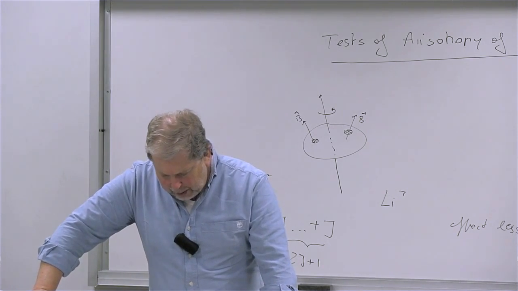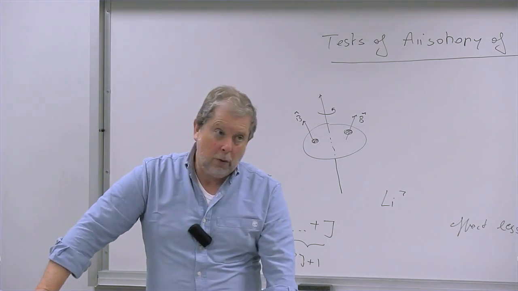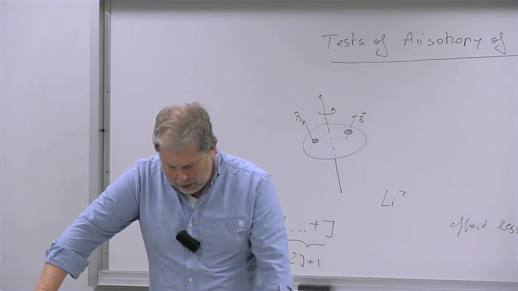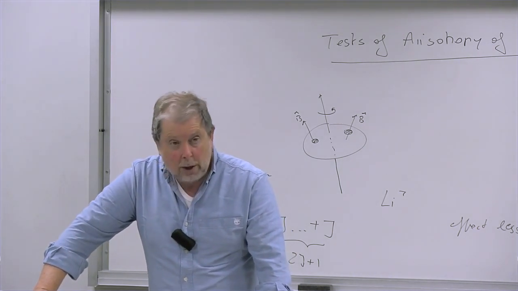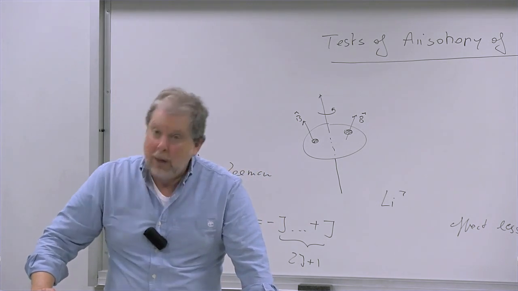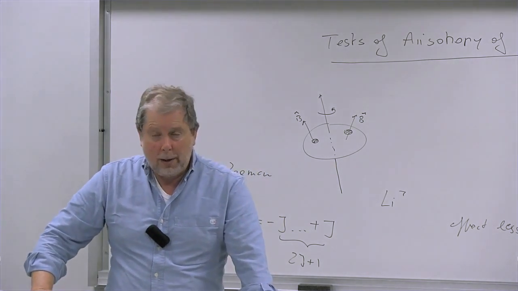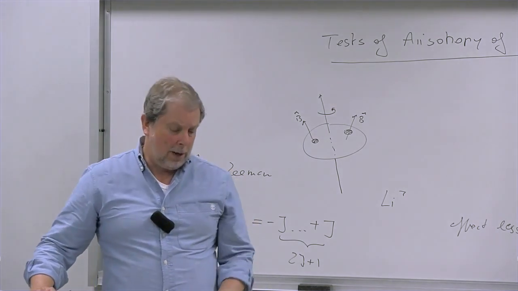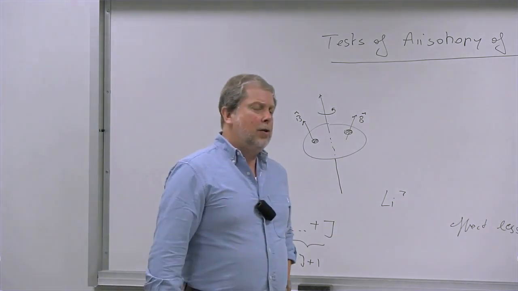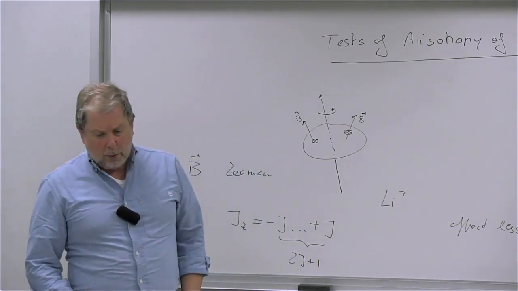The present accuracy is, depending on who you believe and whether you accept the systematics of the experiment, that anisotropy of inertia has not been detected at a level of 1 part in 10 to the 27, maybe 10 to the 29, maybe even a little bit beyond that. So no detectable anisotropy of inertia at this point.